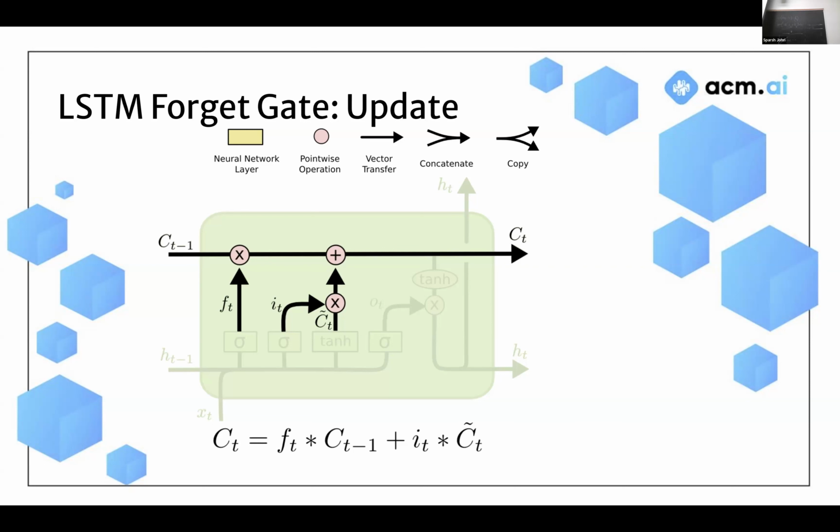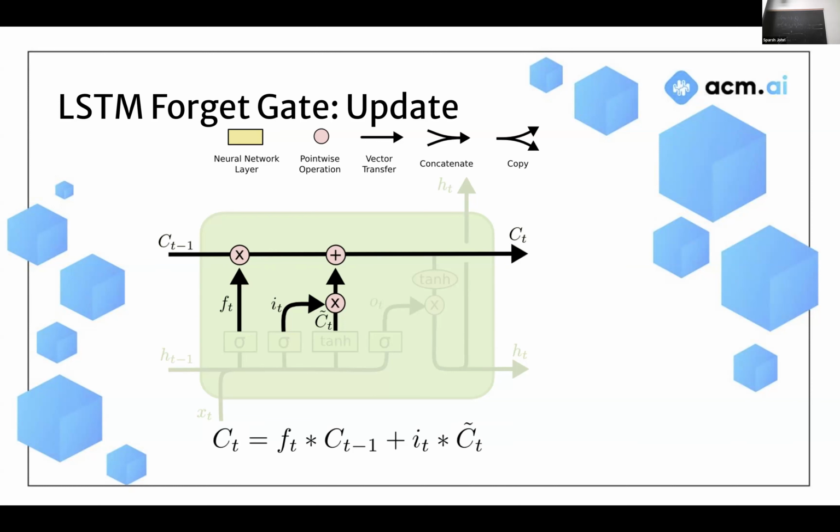That's really good. Why do we need the previous cell state? Because I think the hidden layer from the forget gate has already included the hidden layer even from the previous layer. Why do we still need the cell state? Wait, can you repeat your question?